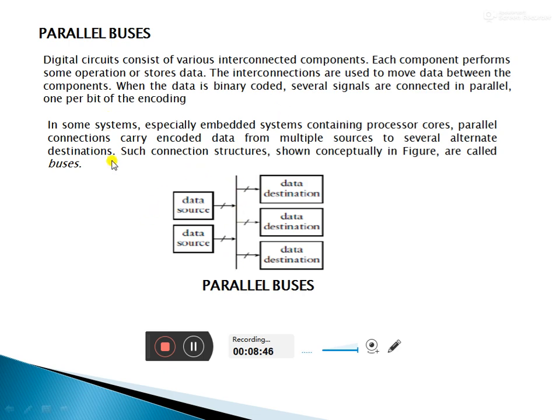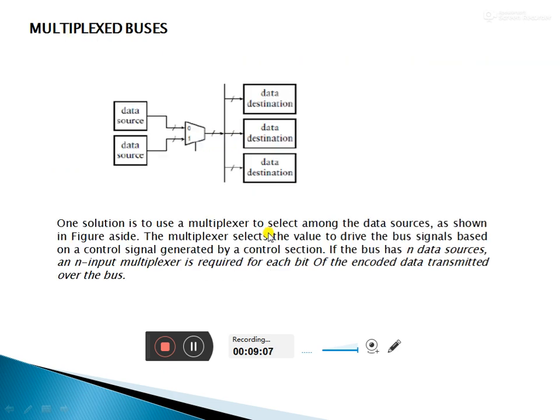So the wire is called a parallel bus. It may be series or parallel connections, and according to that the devices will be connected. That is parallel buses, so this operation takes place.